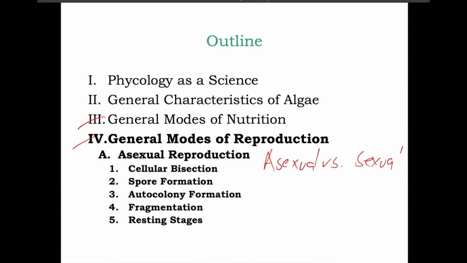Again, from your GE courses, from your Science 11 courses, your asexual mode of reproduction is good in the sense that it has low energy use, no? Low energy requirement. You just need to divide, that's all. You just need to grow and divide. Yeah? But the downside of your asexual mode of reproduction is that you have low variation.